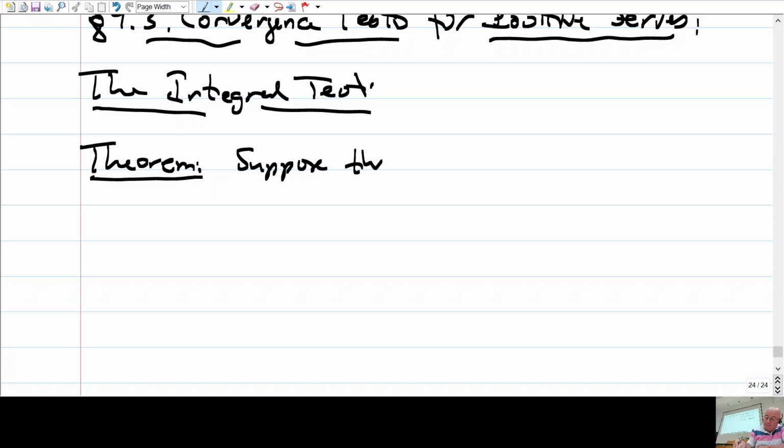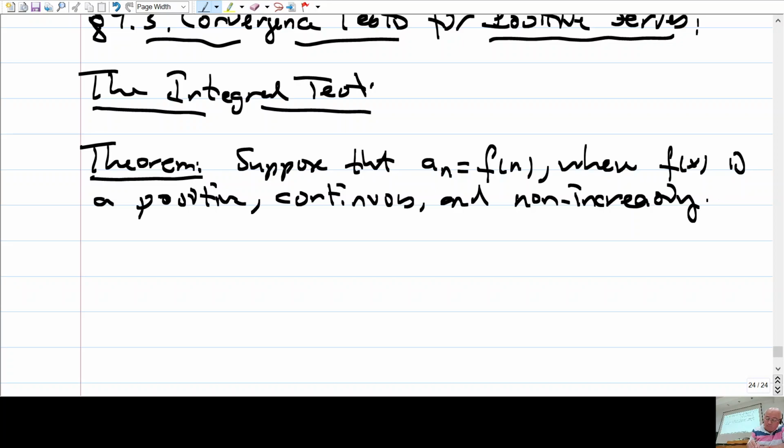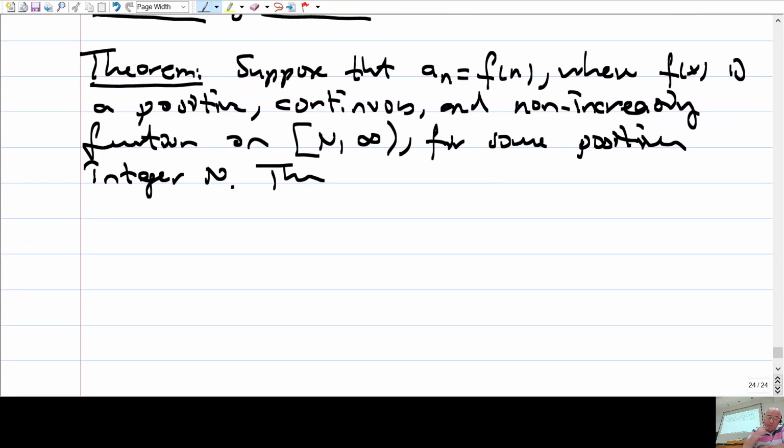Suppose that a_n is equal to f of n, where f of x is a positive, continuous, and non-increasing function on some interval like this, for some positive integer N. Then I have this series, the sum of a_n, and I have this integral.